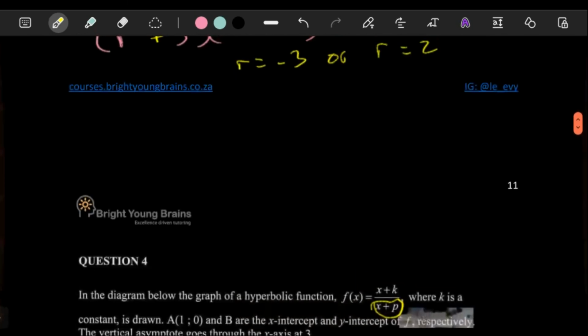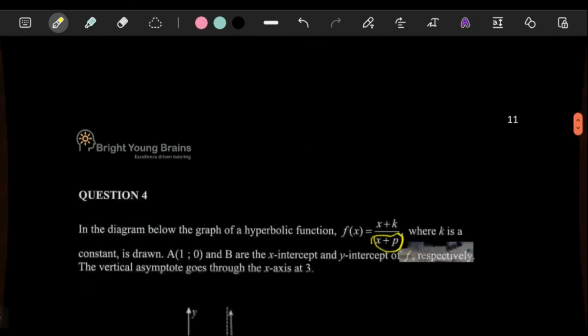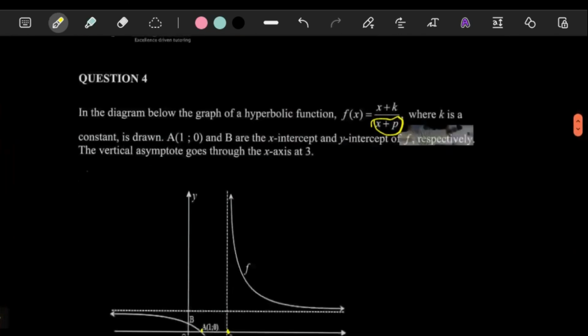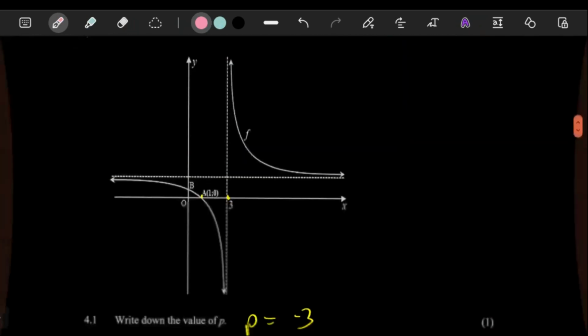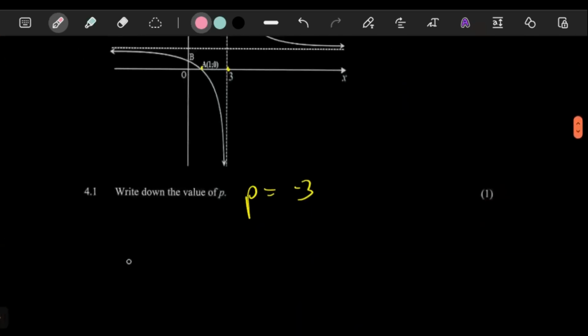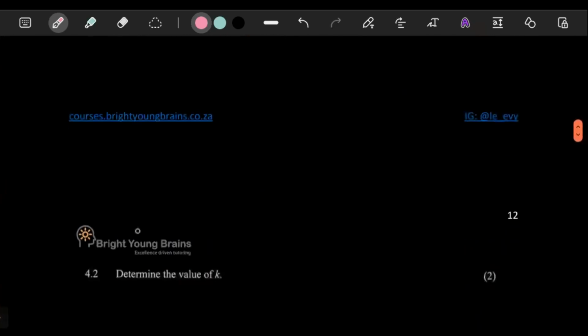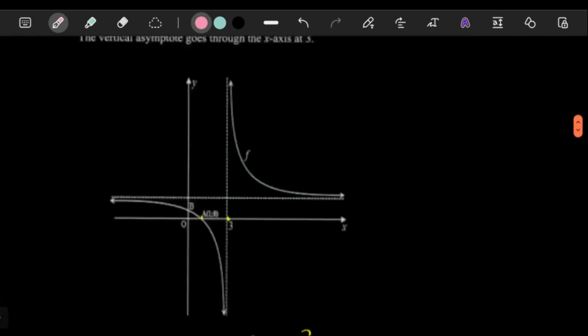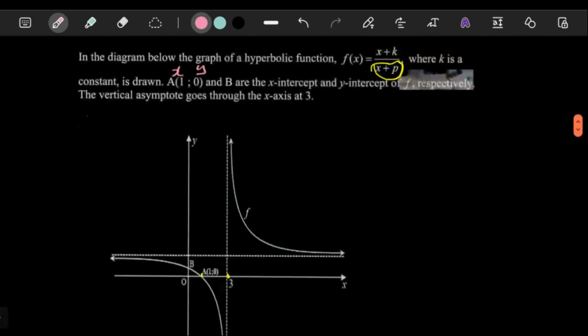So calculating k, we can just put in the coordinates in our equation. We have p already, so we might as well throw in everything else that we have. Here, the x value is 1, y value is 0. If you throw that in this equation, y is going to be 0. And then you have x plus k.